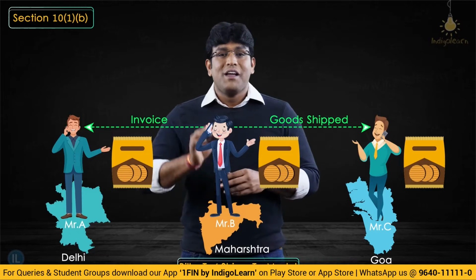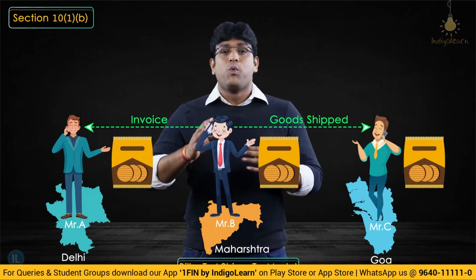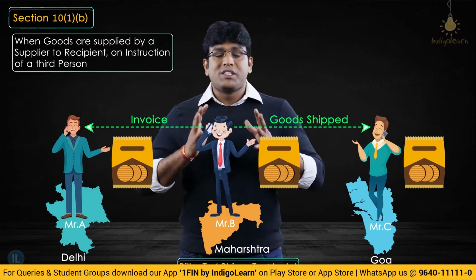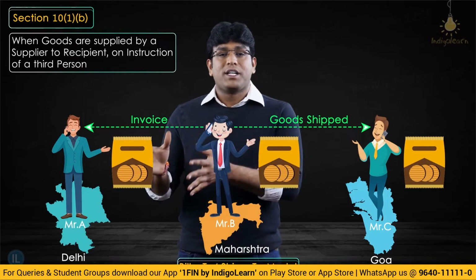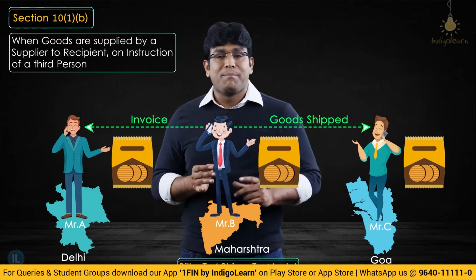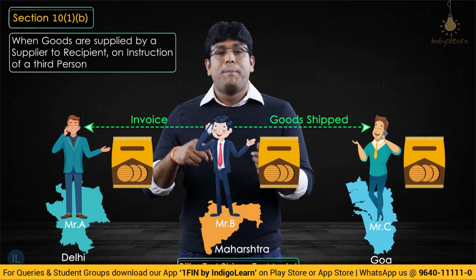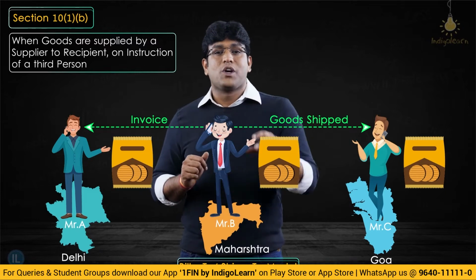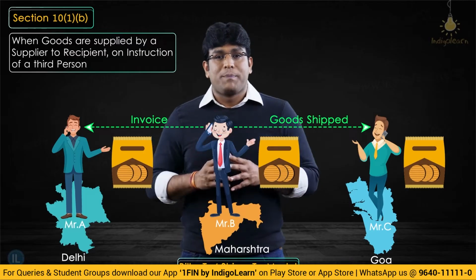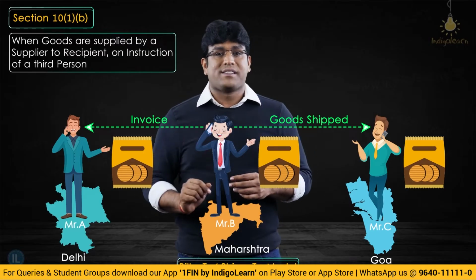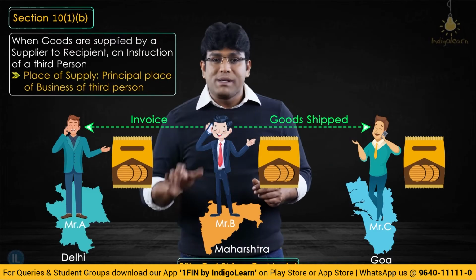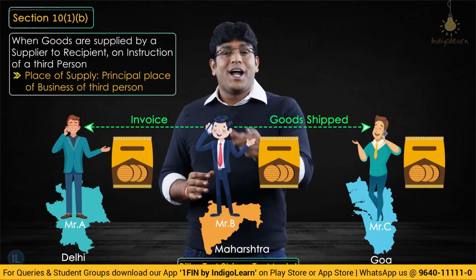For this purpose, we will apply section 10(1)(b), which specifies that in case where goods are supplied by a supplier to a recipient on the instructions of a third person. In our example, goods are supplied by B to C on the instructions of Mr. A. So if the goods are supplied by supplier to the recipient on the instructions of the third person, then place of supply will be principal place of business of such third person.